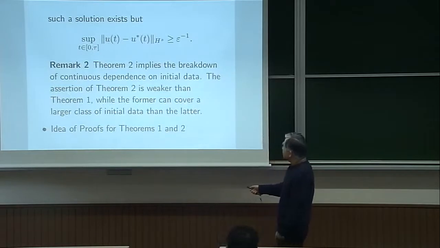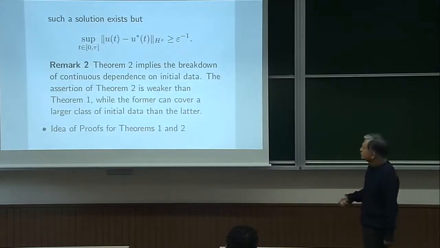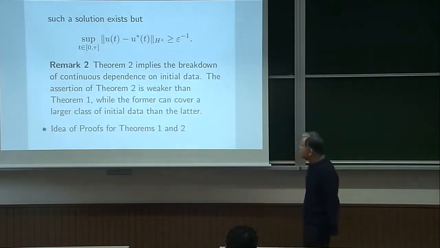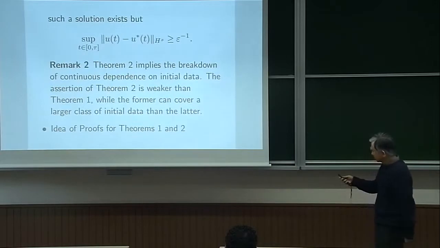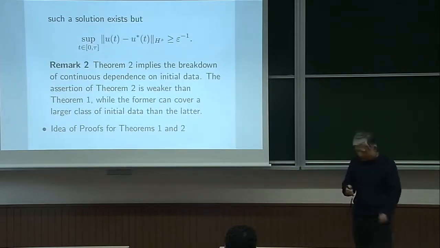But the former can cover a larger class of initial data than the latter. In that sense, the theorem is better. Now, let me explain an idea of proof for theorems 1 and 2.